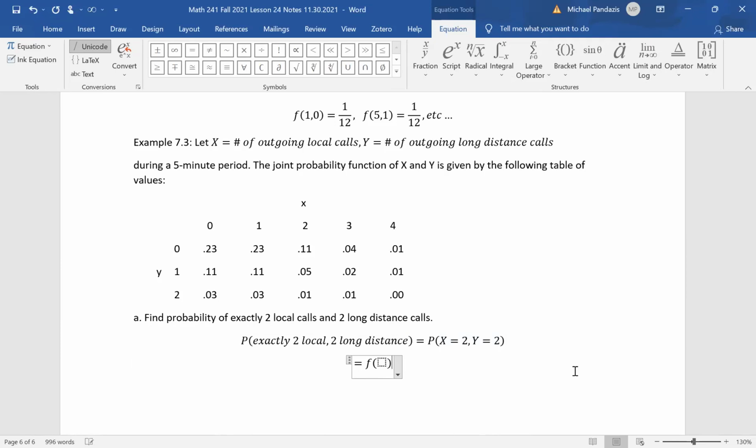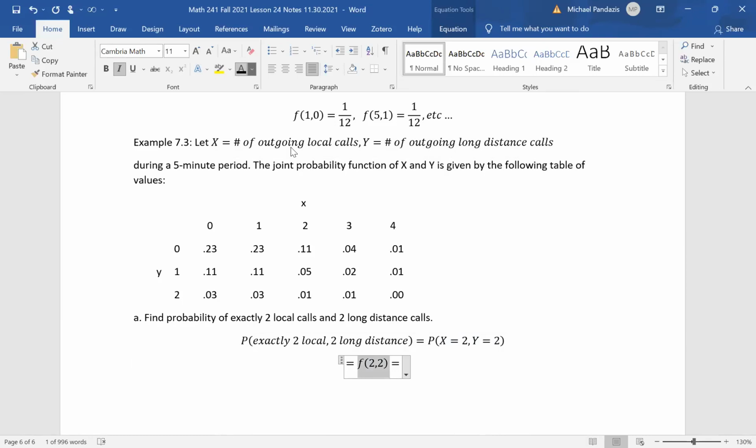So this is equal to little f of 2, comma 2. If you look in the table, little f of 2, comma 2 is just this number here, the intersection of the row and column, and so you get 0.01.